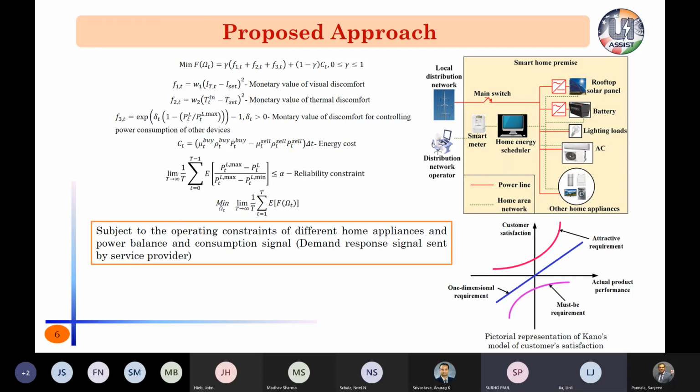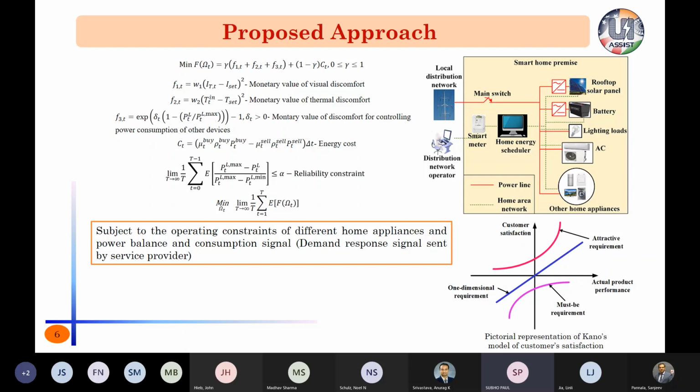And the third is the total load demand of other loads, which has been designed considering Kano's customer satisfaction model, where electricity is considered a must-be requirement, an extreme requirement in our daily life. So I have modeled it as a must-be requirement with this exponential function.